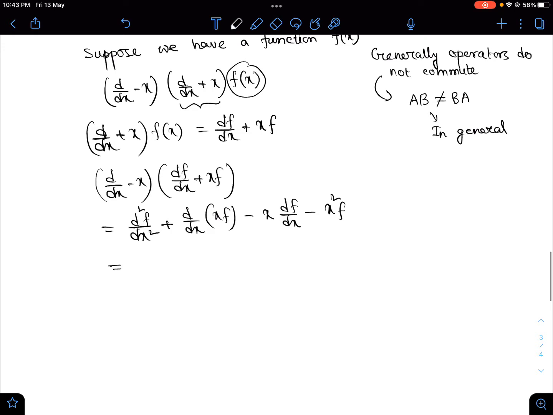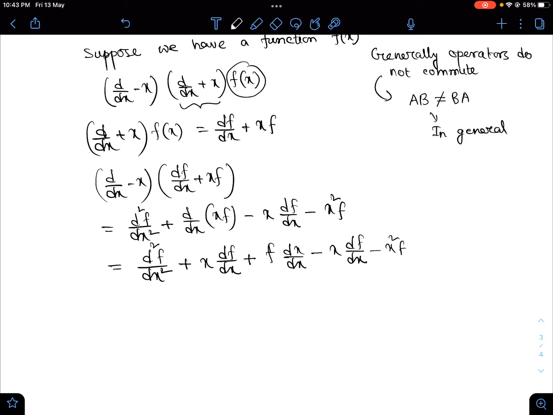So let us do that. We will get d²f/dx² plus, from this term we will get f plus x df/dx, minus x df/dx minus x² f.